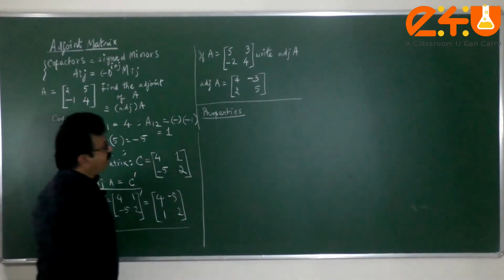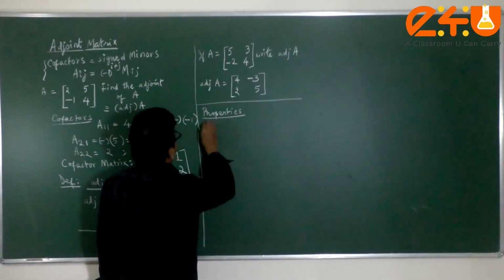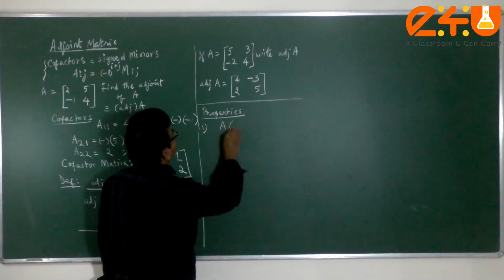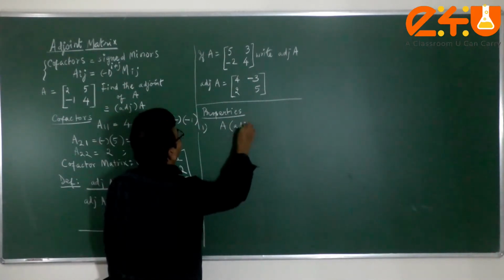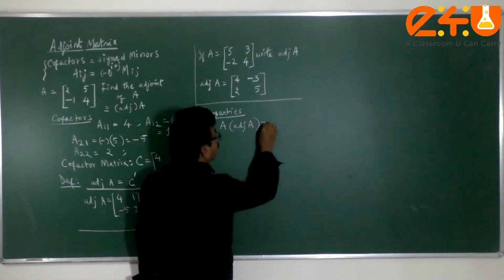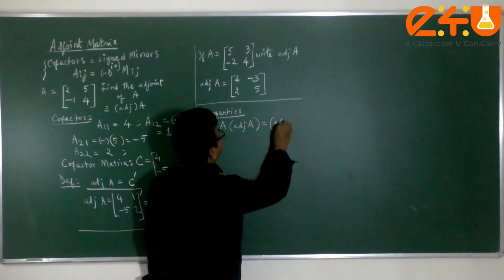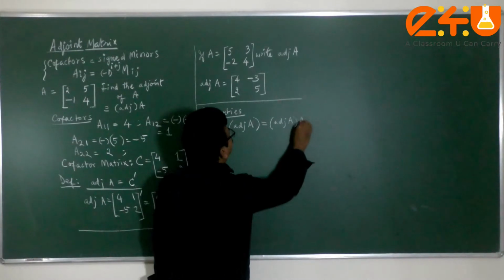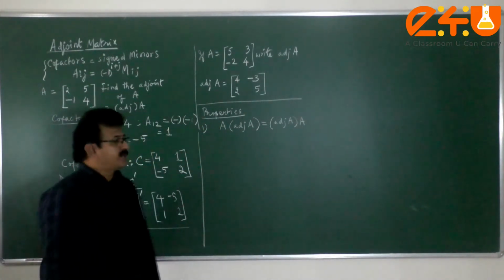The very first one: a matrix when it gets multiplied by its adjoint, it commutes. In fact, that means the order of multiplication doesn't matter.